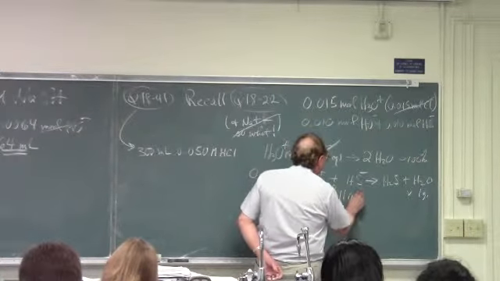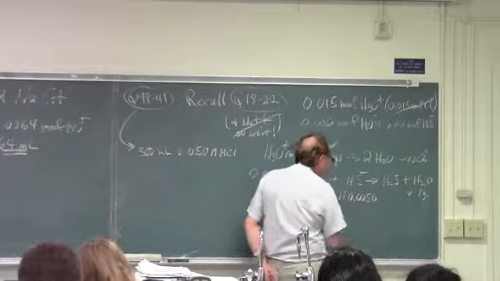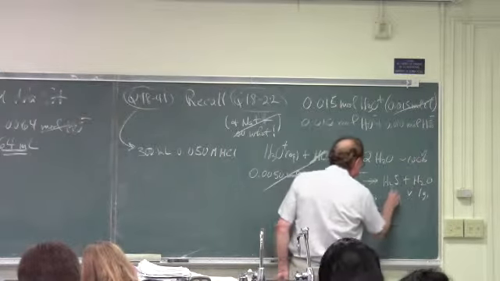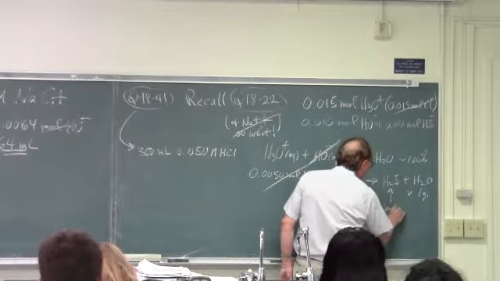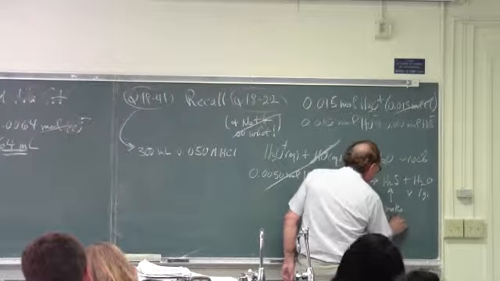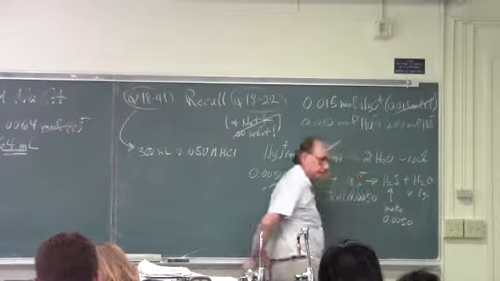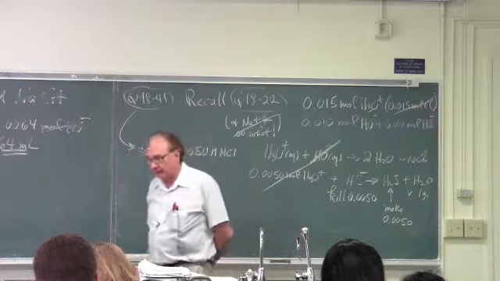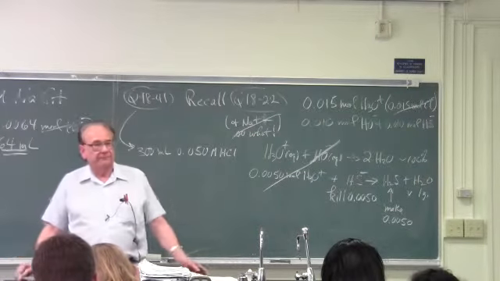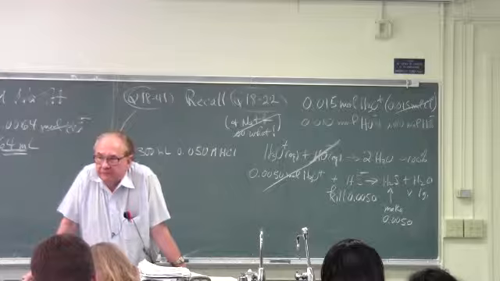Kill 0.0050 moles, make 0.0050 moles. And so at this point, what need I do again?